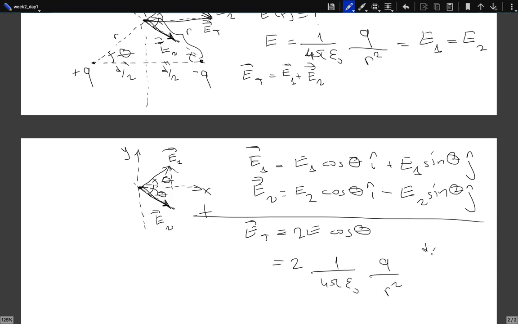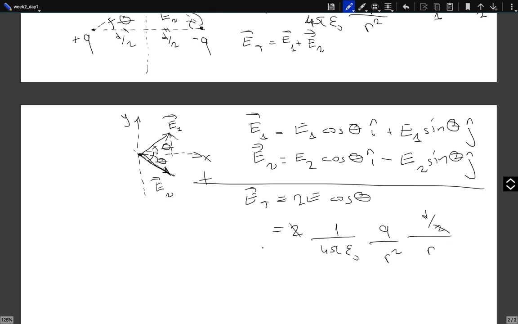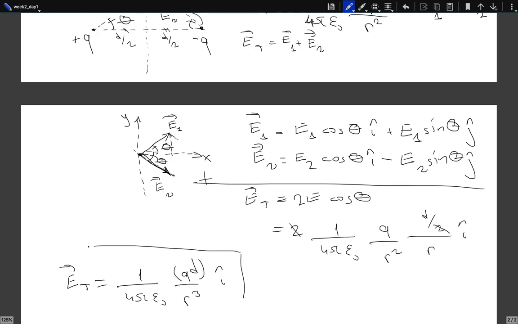And cosine theta is just d over 2 divided by r. Well, let me just cancel the 2's. Of course, in the i direction. So the total electric field is 1 over 4 pi epsilon 0, Q d over R cubed in the i direction. So this is the electric field.